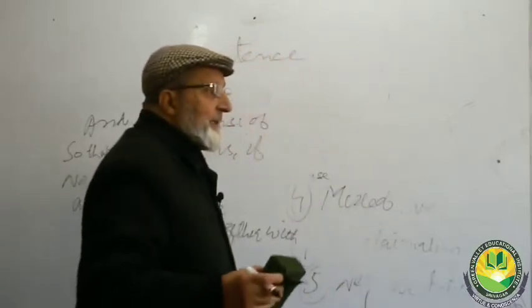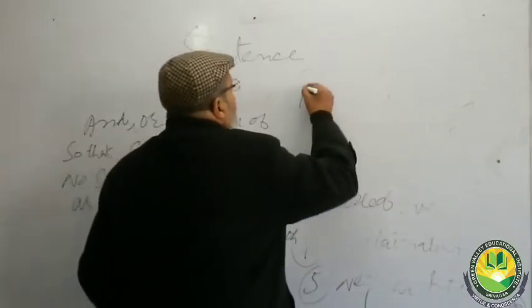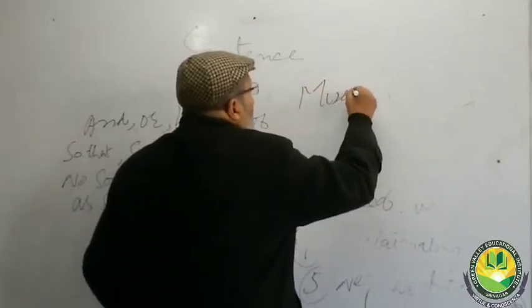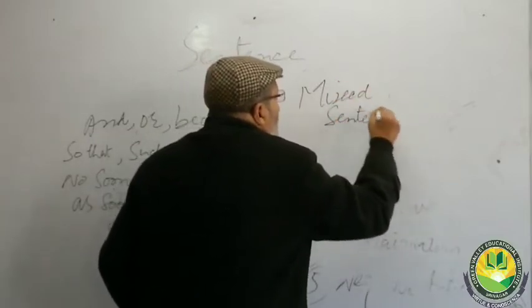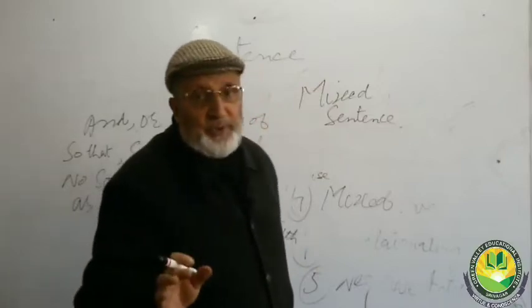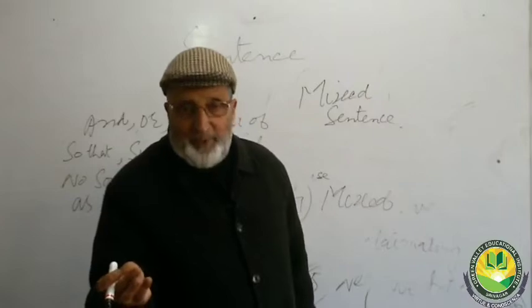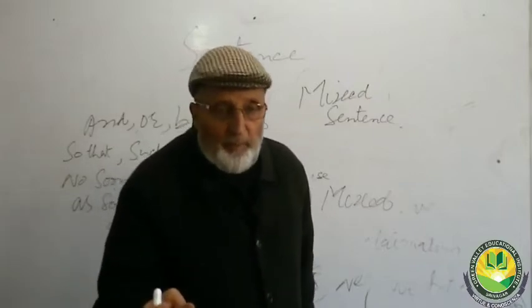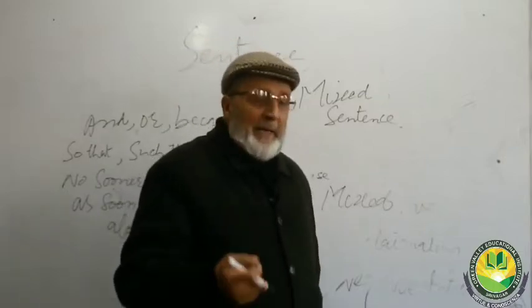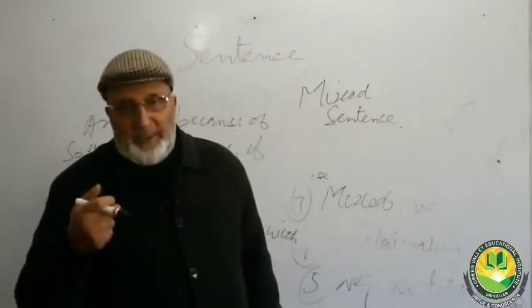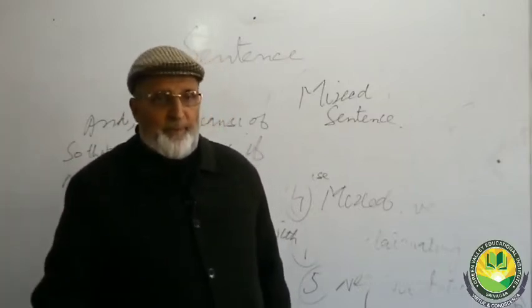Then there is the fourth type of sentence, that is the mixed sentence. It is the one which uses elements of all the three types of sentences. That is, some part of it is simple, some is complex, and some other is compound. For example, I ran away when I saw the policeman and took shelter in a nearby house.